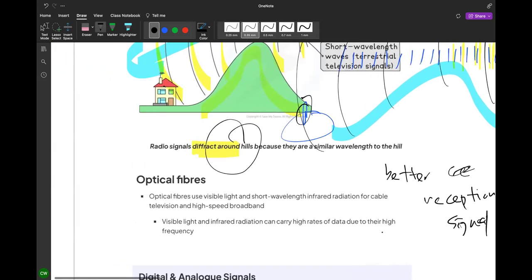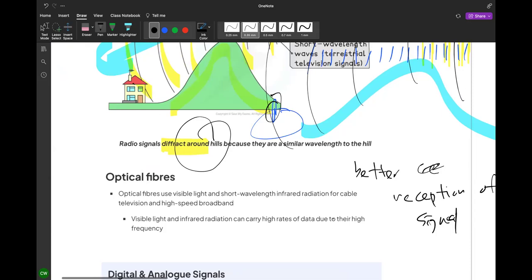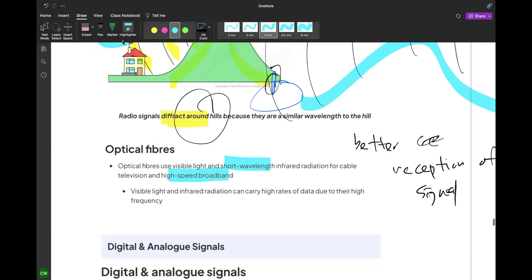Short one. Optical fiber, short wavelength. Why short? Okay, high speed broadband. Because short wavelength can carry more signal information. You have to talk about data transmission. If the signal can carry a lot of signal, means it can carry more information.